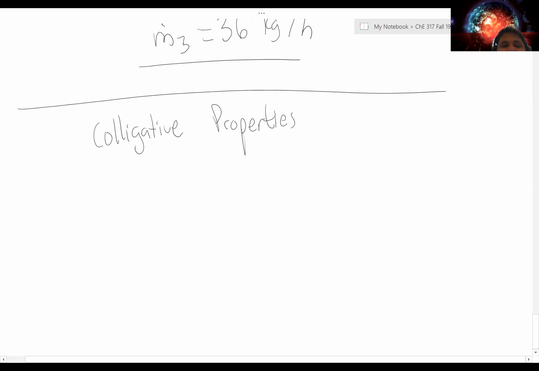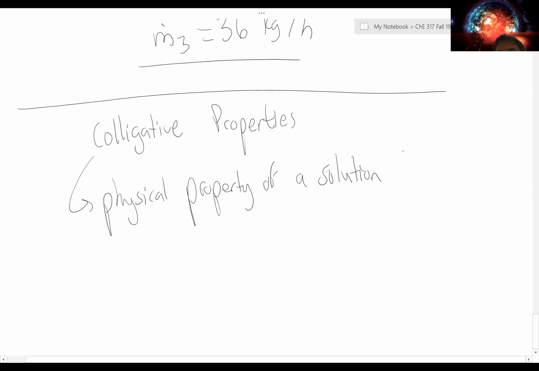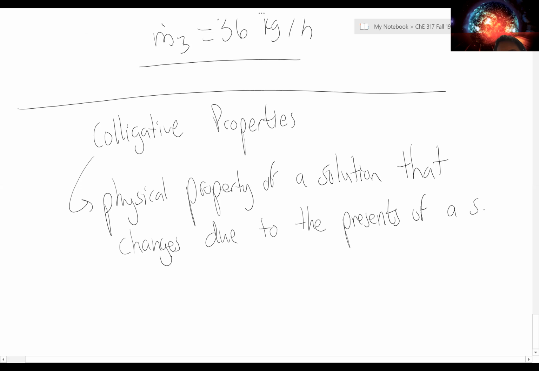And essentially, a colligative property is a physical property of a solution that changes due to the presence of a solute, but it's largely independent of the solute's properties.